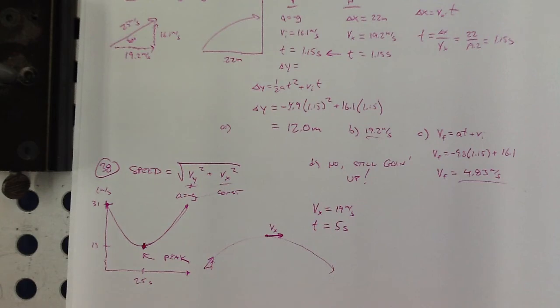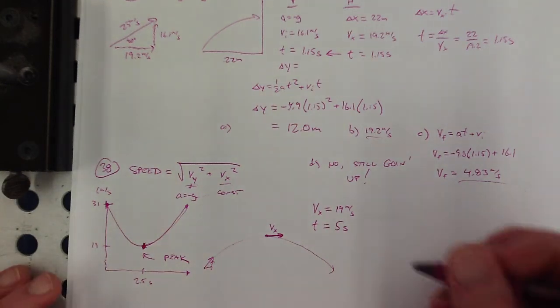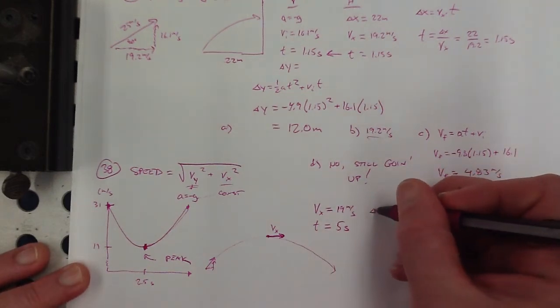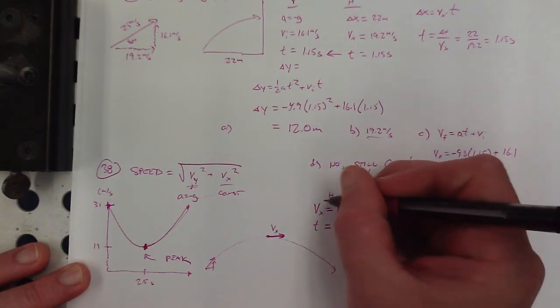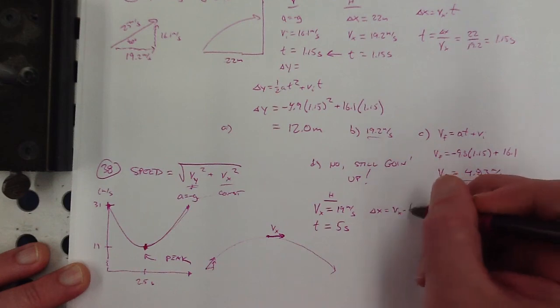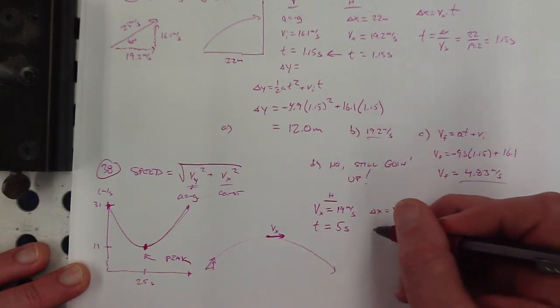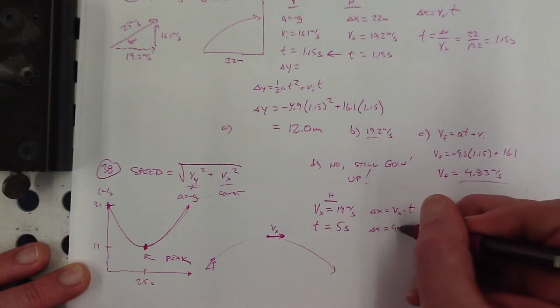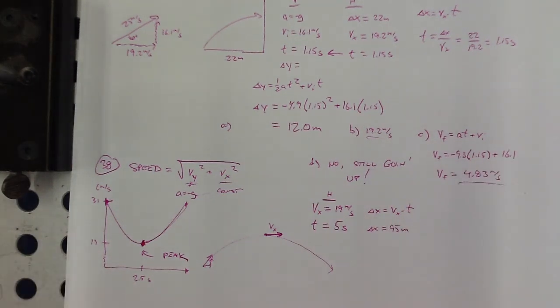So if you think you kind of get that now, you need to pause and try to finish the problem from here, okay? How far does the golf ball travel? Well, in the horizontal direction, delta x is just equal to Vx times t. So that is 95 meters.